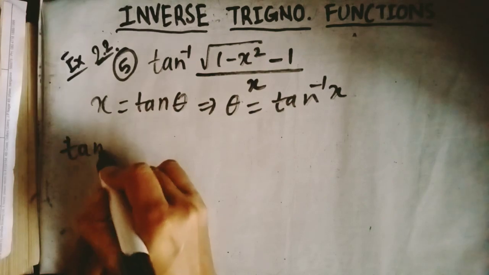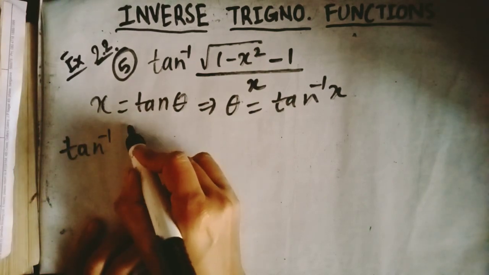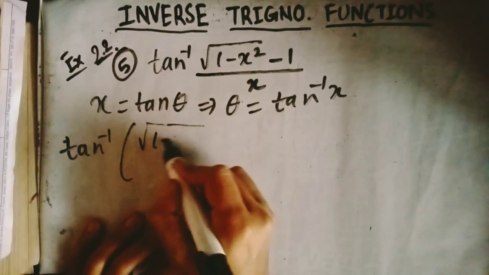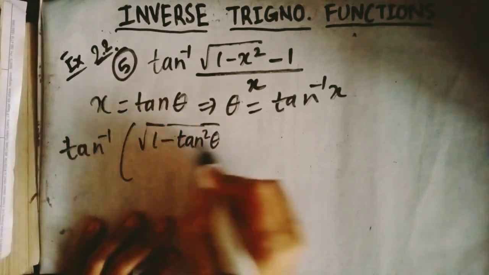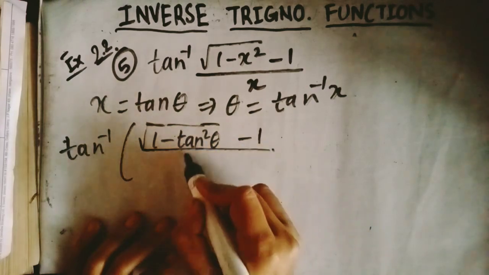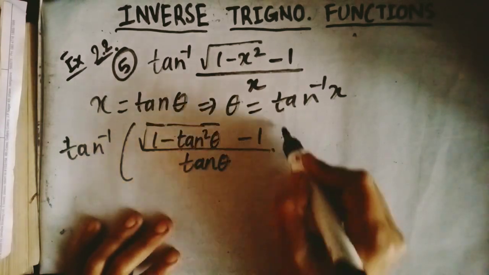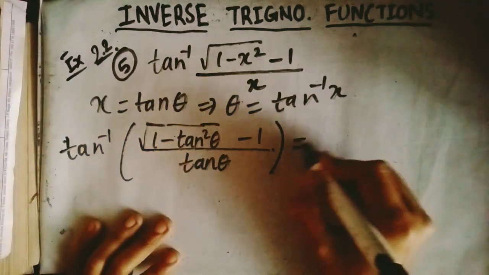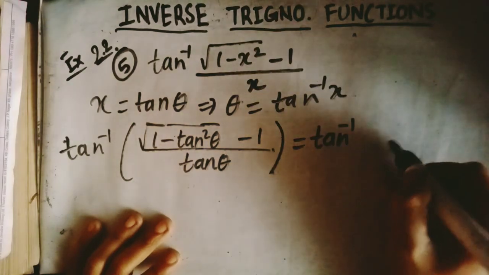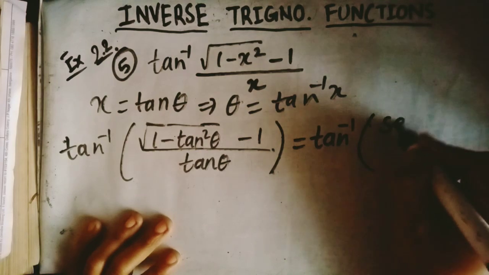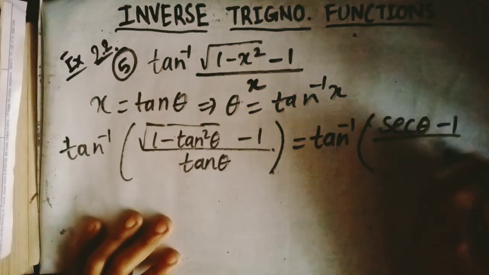So tan inverse of root of 1 minus tan square theta minus 1 upon tan theta. 1 minus tan square theta is sec square theta, so its root is sec theta. So sec theta minus 1 upon tan theta.